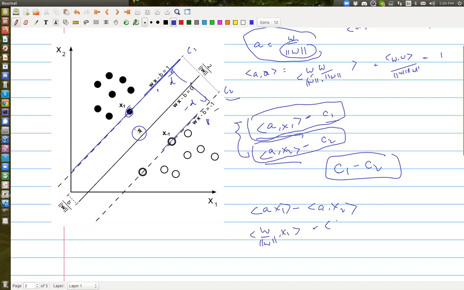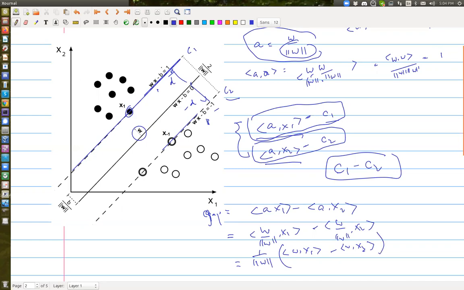So this is the gap, equal to that. Now I can pull the 1 over the norm of w out. So I have w x1 minus w x2.